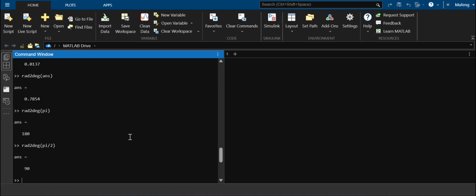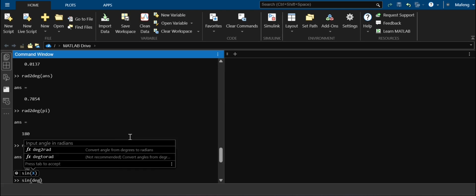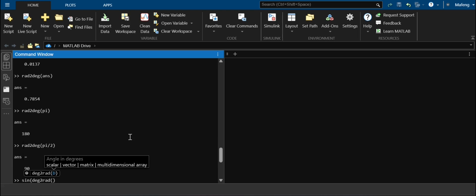Okay. So instead of using sind, I could use sin, expecting an angle which is in radians, and use deg2rad to convert. Remember, since these are functions, you put parentheses so that the arguments are passed in. The arguments are what the function takes in. A function just takes in an input and gives you an output. So for the sin, I'm passing in a number that will be converted from degrees to radians.